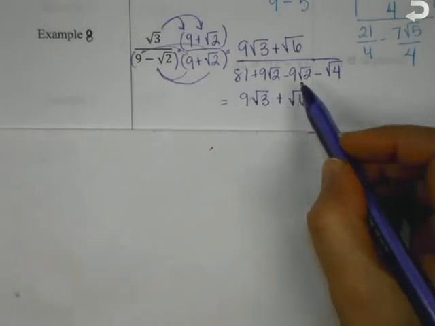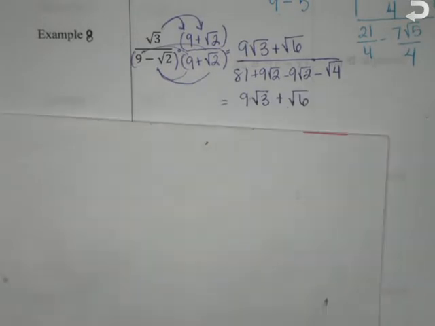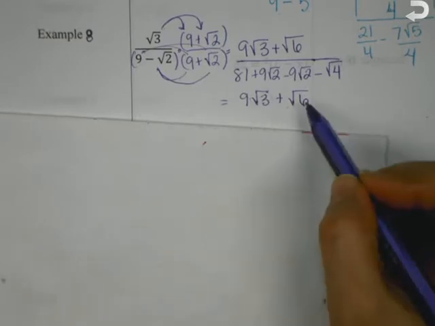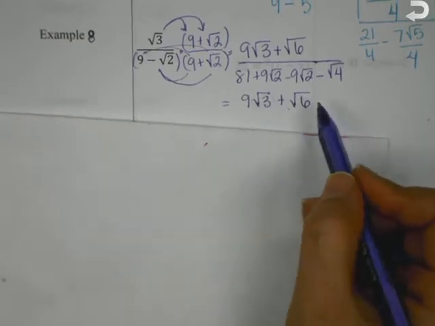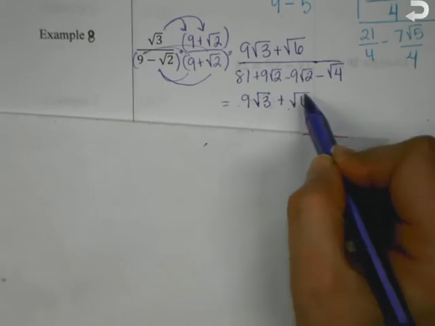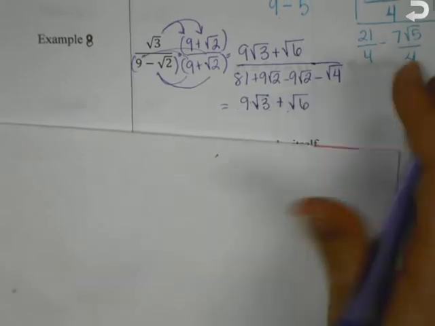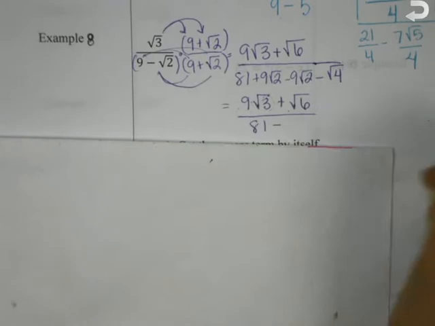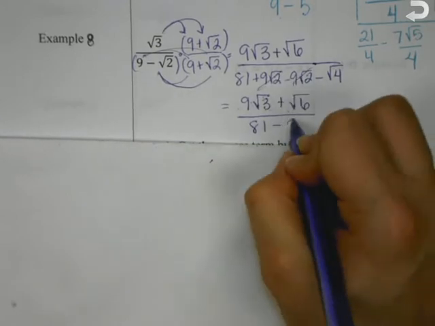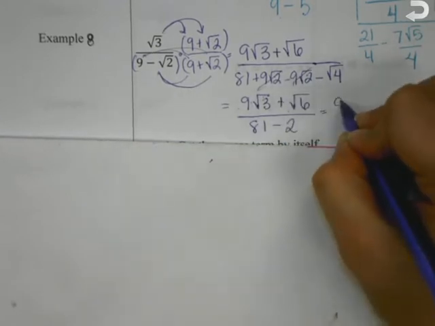And we will do problems like that later. So right now, just know that we have to leave them separate because this is a root 3 and this is a root 6. And that's going to all be over 81 minus 2. So that's 9 root 3 plus root 6, all over 79. Did anybody get that?